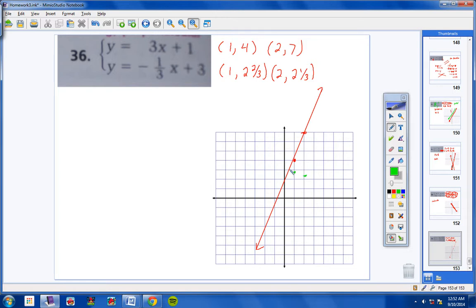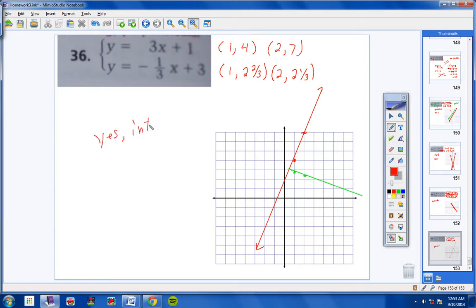And so there we go. Well, students, if you'll look, we're not for sure, but it looks like they're definitely intersecting. Yes, that's true.